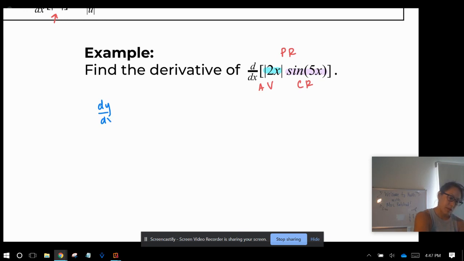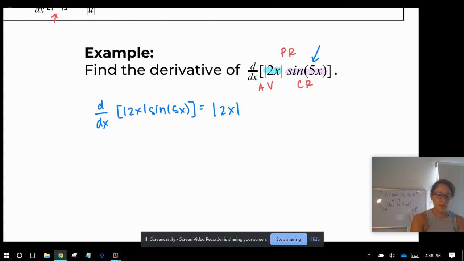We can say d dx of the absolute value of 2x times the sine of 5x is equal to, okay, left d right. So the absolute value of 2x and then the derivative of sine 5x.